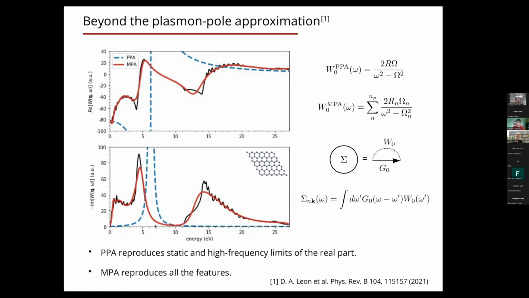It can be seen in black for the case of graphene that we have the pi plasmon, the pi plus sigma plasmon, and an onset of excitations at low energies. Of course, this rich physics cannot be appropriately described with the plasmon pole approximation, which is in blue here, even if the plasmon pole approximation is somewhat able to find a plasmon between the pi and pi plus sigma plasmon.